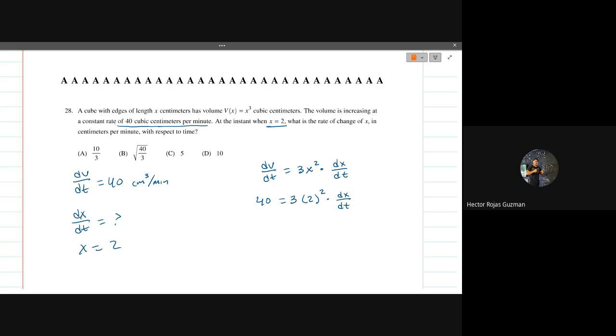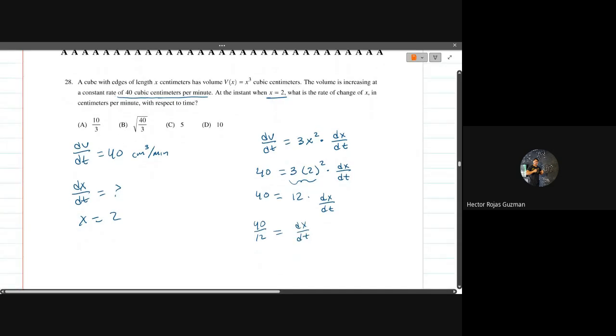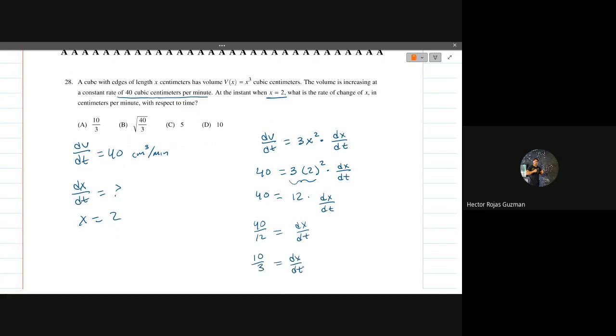Solve for dx dt. This right here is 12. So 40 over 12, and we can reduce that by 4. So 10 over 3 is the rate of change of x. Perfect. A.